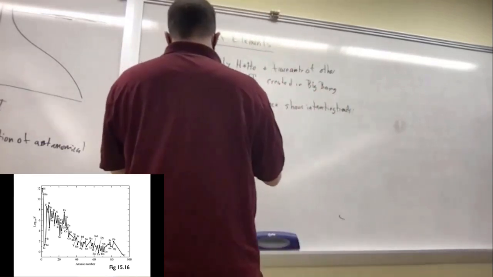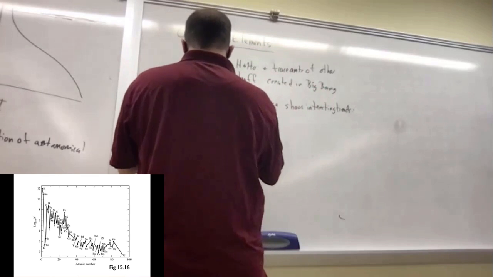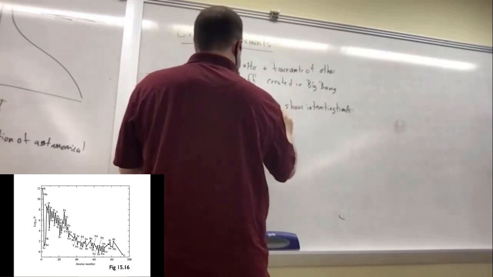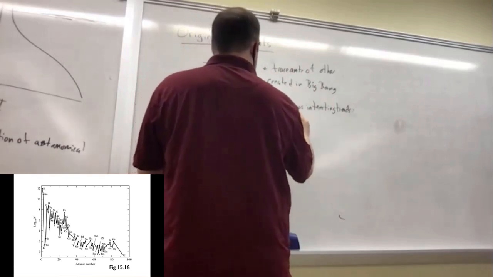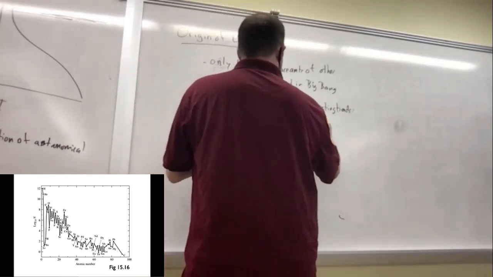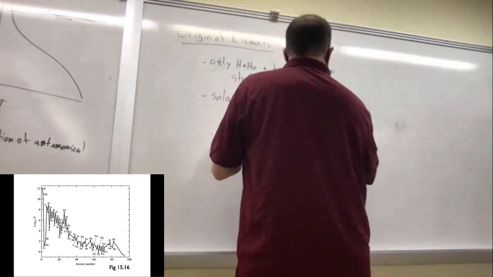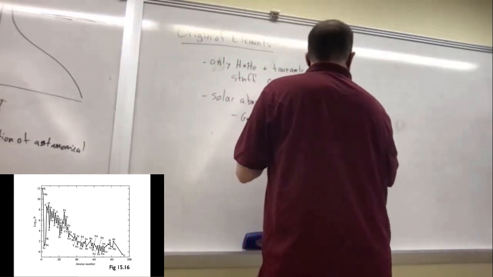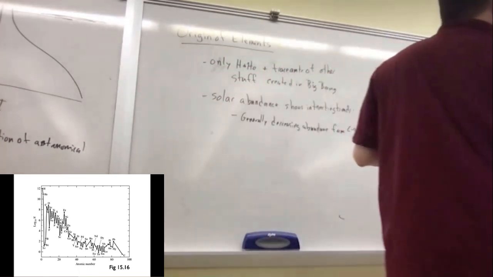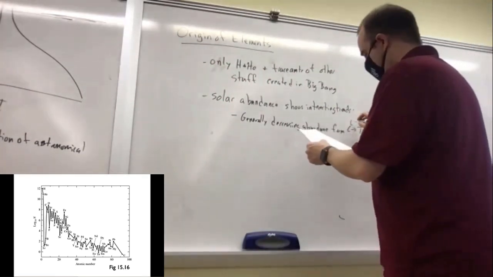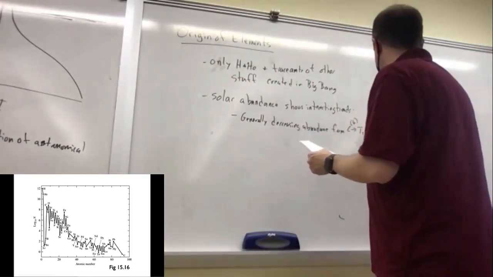Among them, a general decreasing abundance from carbon to titanium. I'm looking just at this one, the titanium, that's 22. Carbon is, I'll give the Z numbers here, 6 to 22.